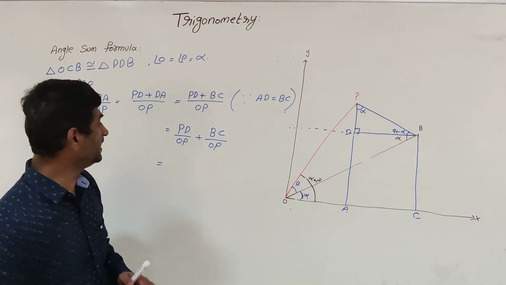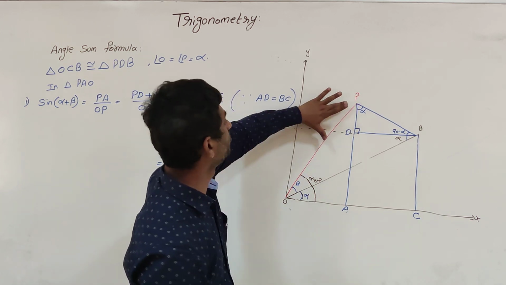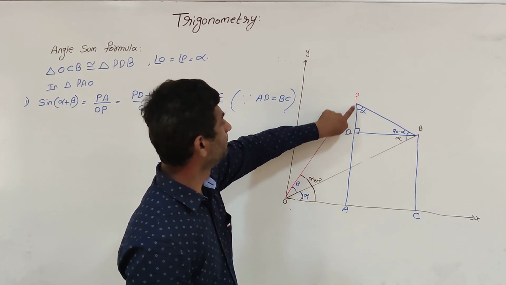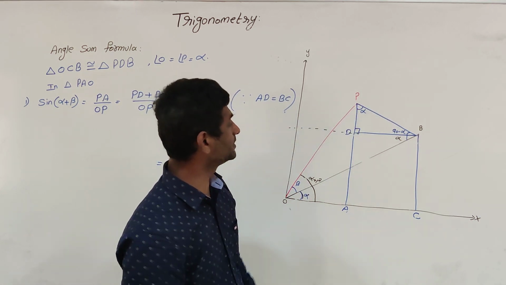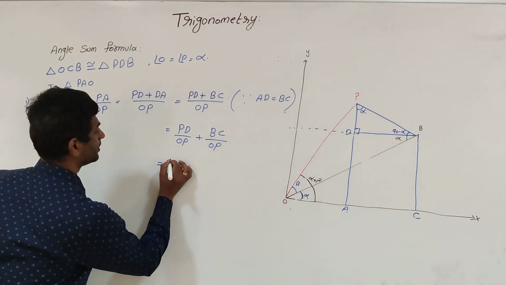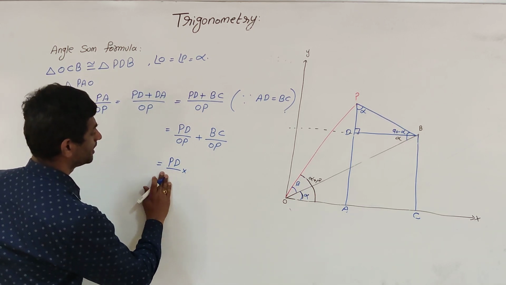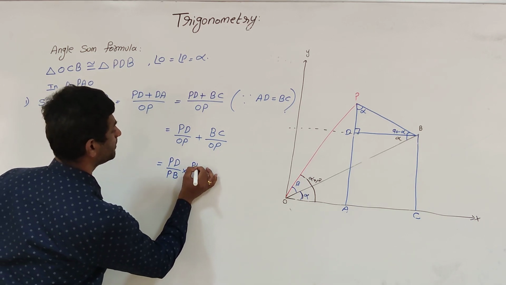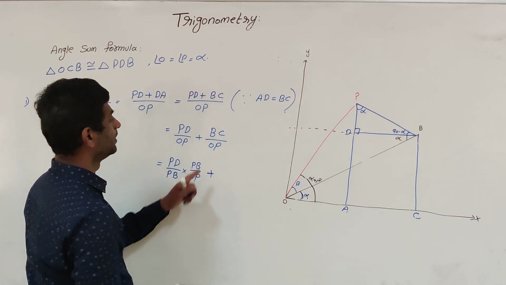Now if you observe PD by OP, this is PD and this will be the OP. Now for this angle alpha, PD is the adjacent side, and for this triangle, the hypotenuse is PB. So multiply and divide with this hypotenuse PB: PD by PB into PB by OP, plus BC.